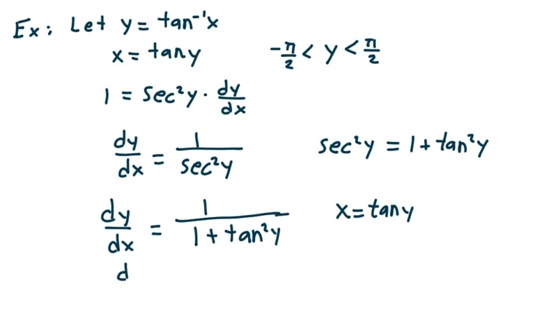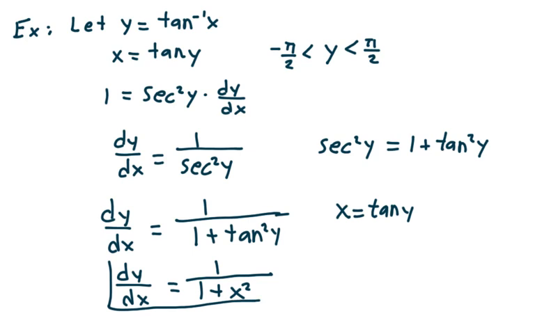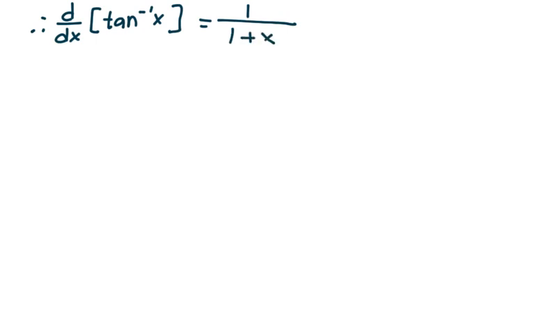And so dy dx is 1 over 1 plus, substituting that in, x squared. And then just to wrap this one up, we can say, therefore, the derivative of arctangent x with respect to x is 1 over 1 plus x squared.